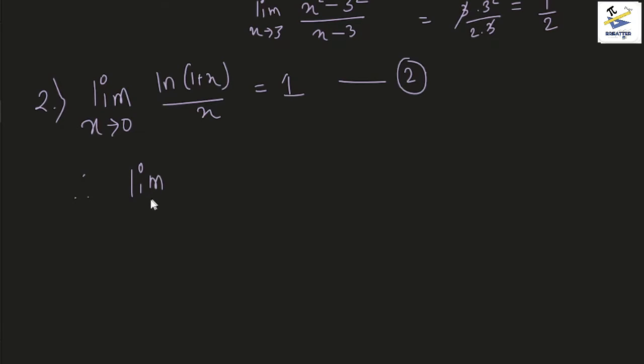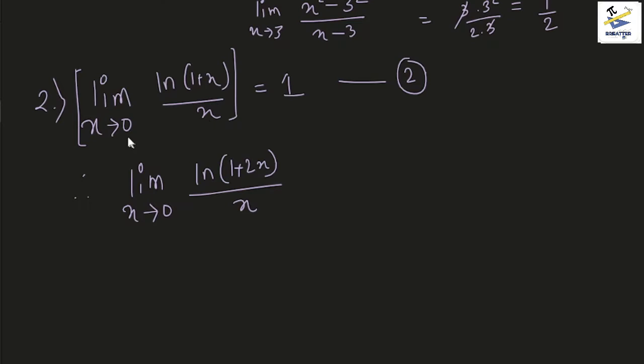If we had the limit like this, limit x tends to 0 ln of 1 plus 2x whole divided by x, how would we evaluate this? Because this exactly doesn't go with our formula, right? But you need to understand clearly what it means here.